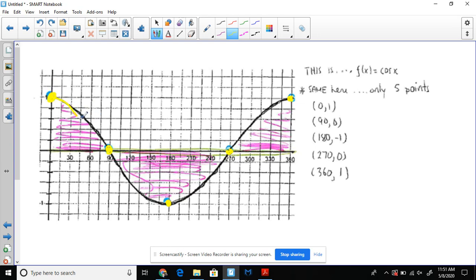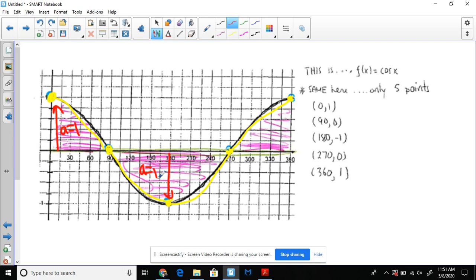And then I draw my nice little wave. Again, it doesn't have to be perfect. Remember, this is the amplitude. A is 1. Same deal, period is 360 because I haven't transformed it.